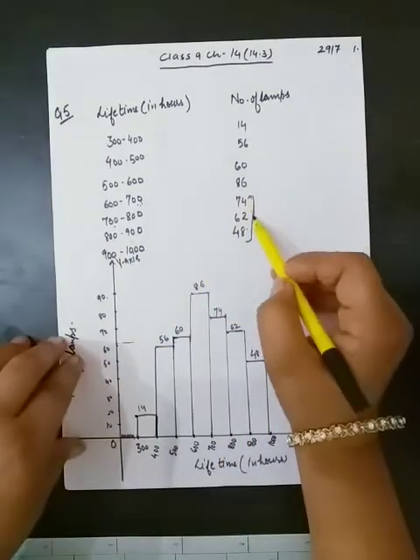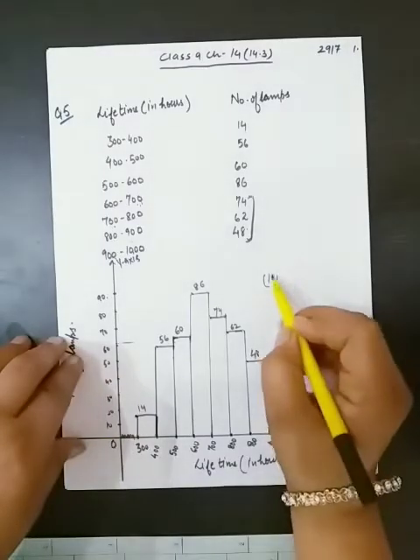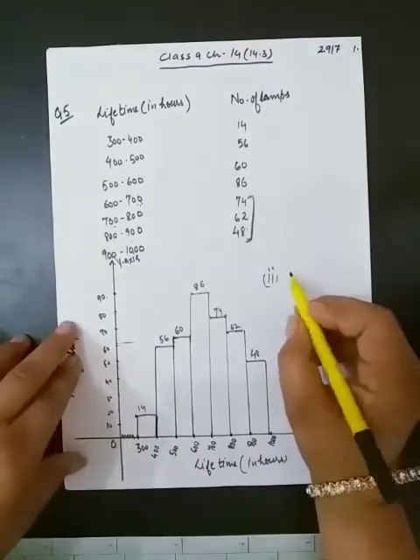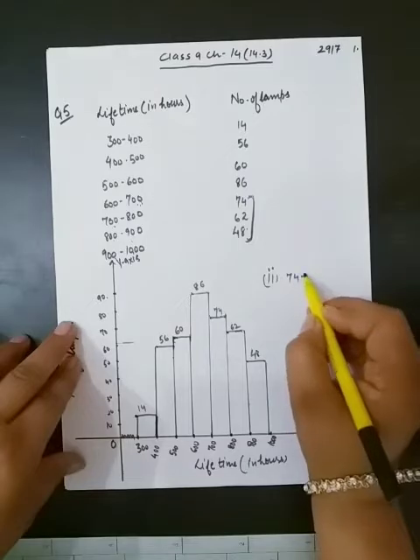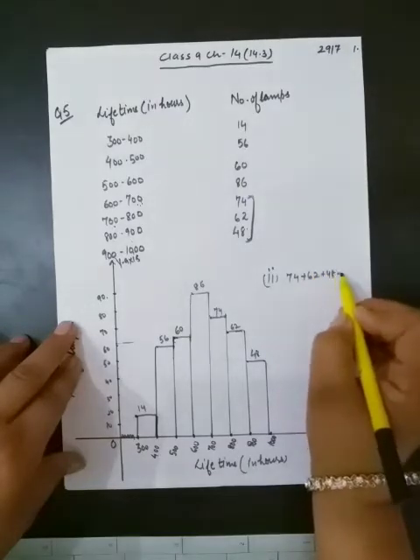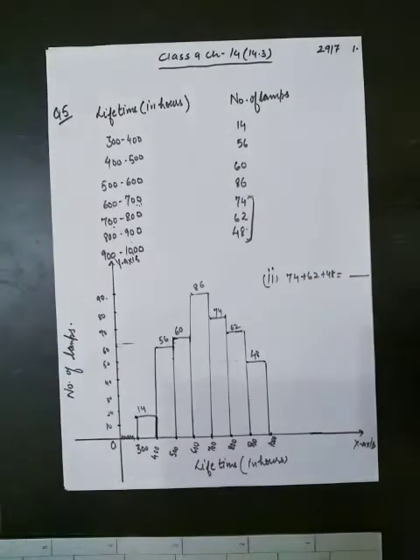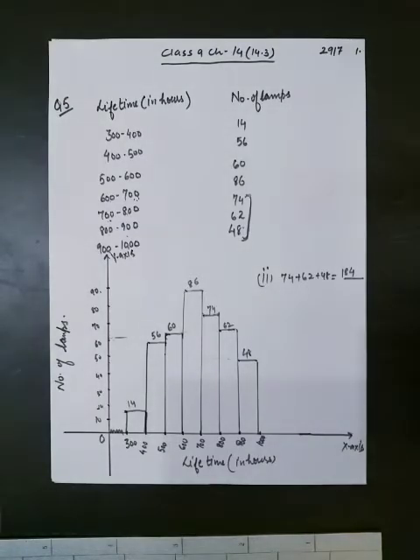So we have to add the last three values for the question. Here 74 plus 62 plus 48 is equal to 184. So 184 lamps have a lifetime of more than 700 hours.